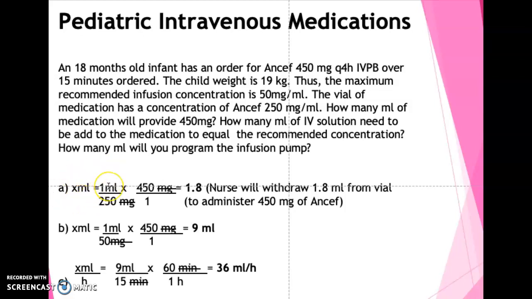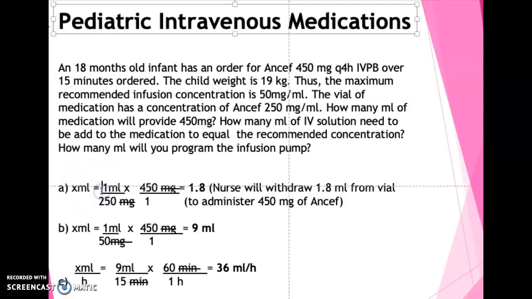So now, using dimensional analysis again, we are setting up our equation. We are looking for X mL. We were given NSAID of 250 milligrams, which we set up in the denominator, and the order was 450 milligrams. So milligrams and milligrams cancel out. Now we have 450 divided by 250, which is equal to 1.8 mLs.